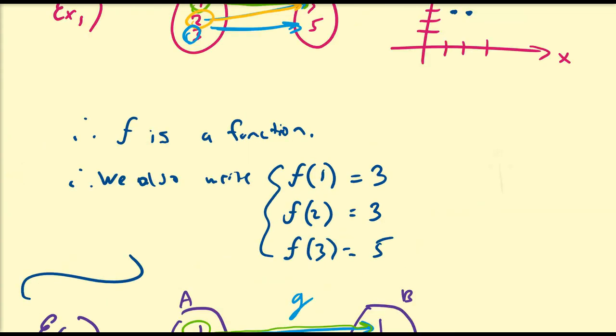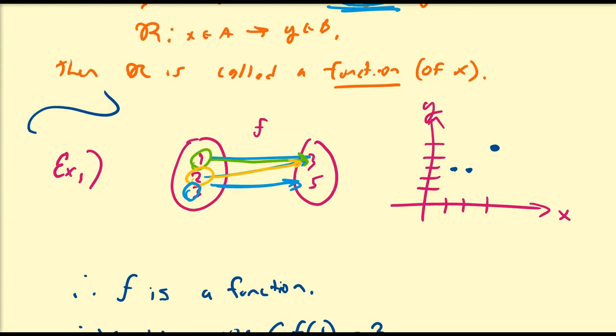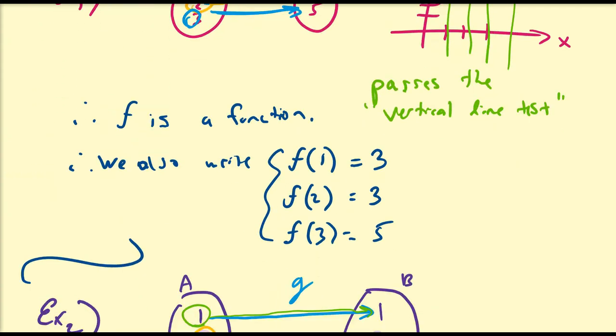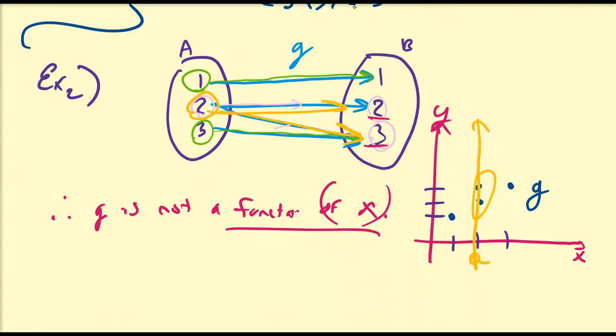Whereas in the other example, if we draw a vertical line through all of the x values, any vertical line we draw passes at most one time. So if that is the case, then we say f is a function. This is what we call passing the vertical line test. And here we have that this fails the vertical line test.